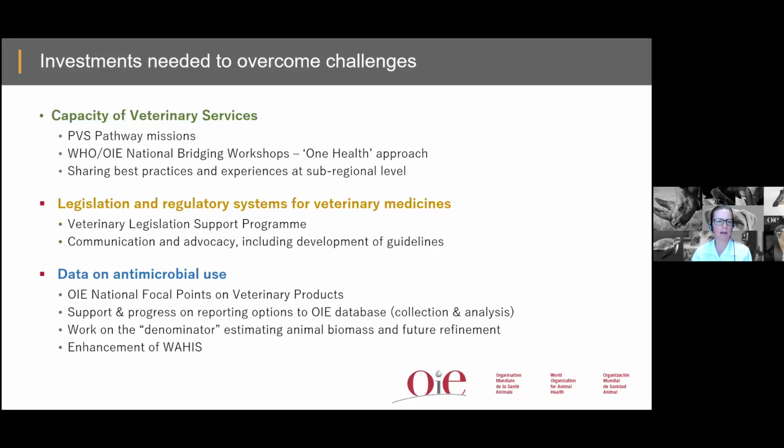We also have the WHO and OIE national bridging workshops, and these are linking the OIE's PVS pathway results with WHO's International Health Regulations results. So we know that there is quite a lot of common ground in those, and so we will have multi-sectoral workshops to assess those. And also now FAO is becoming more involved in these workshops.